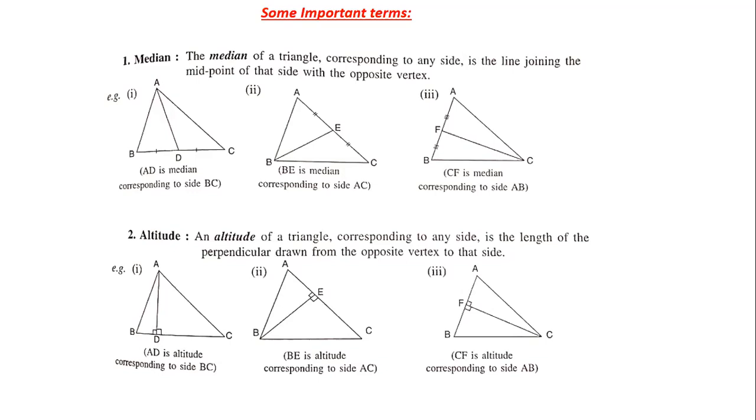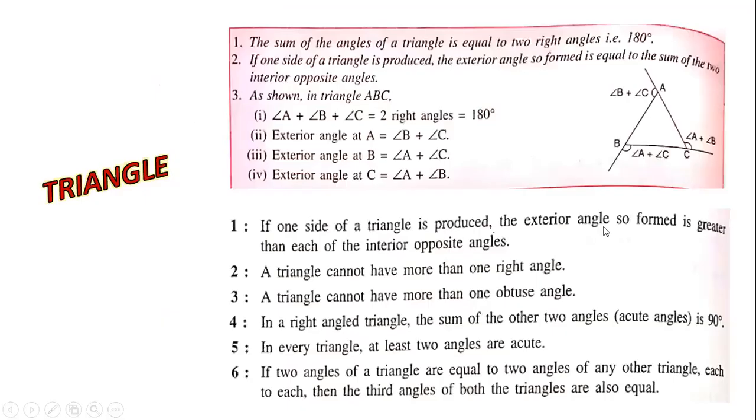A triangle has three altitudes, and all three altitudes are always concurrent. This is altitude AD, altitude BE, altitude CF. These three altitudes are concurrent because they always meet at a single point only, and that point of intersection is known as the orthocenter.